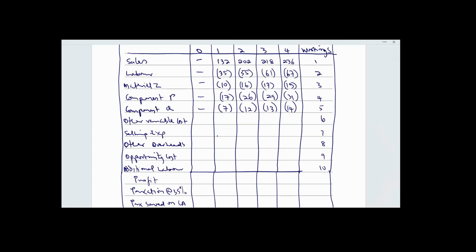Other variable costs: 3, 4, 4, 5. Selling expenses: 17, 17, 19, 18.